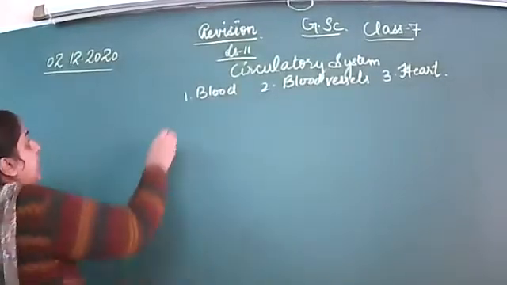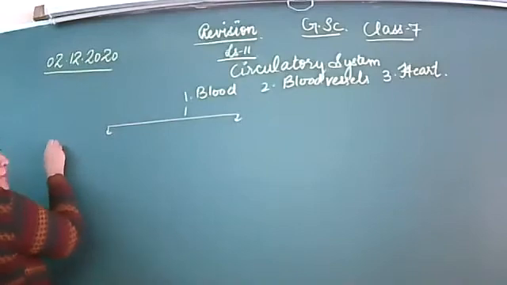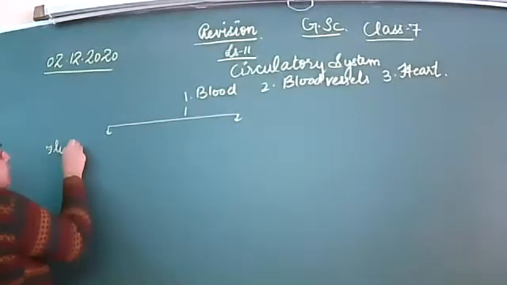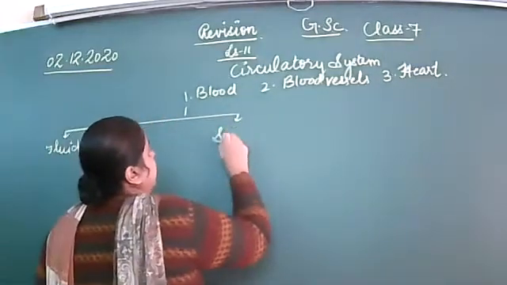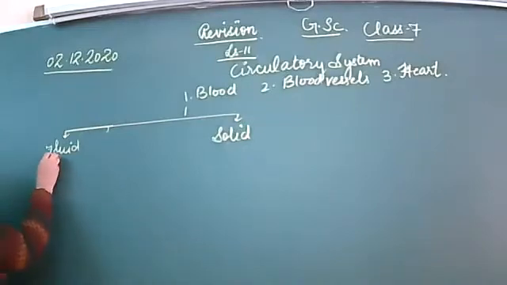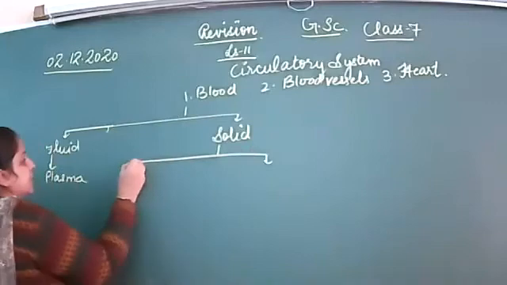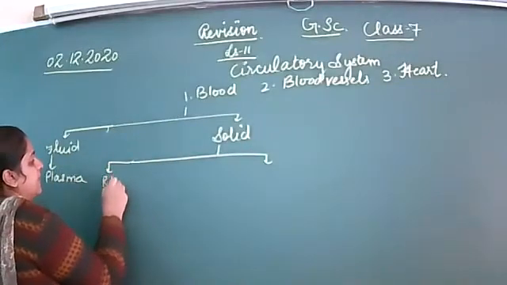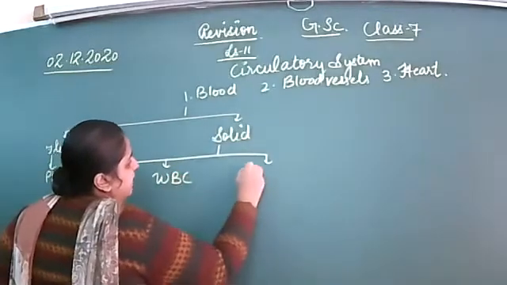There are basically two types of components: fluid components and solid components. Fluid components include plasma, and solid components include RBCs, WBCs and platelets.